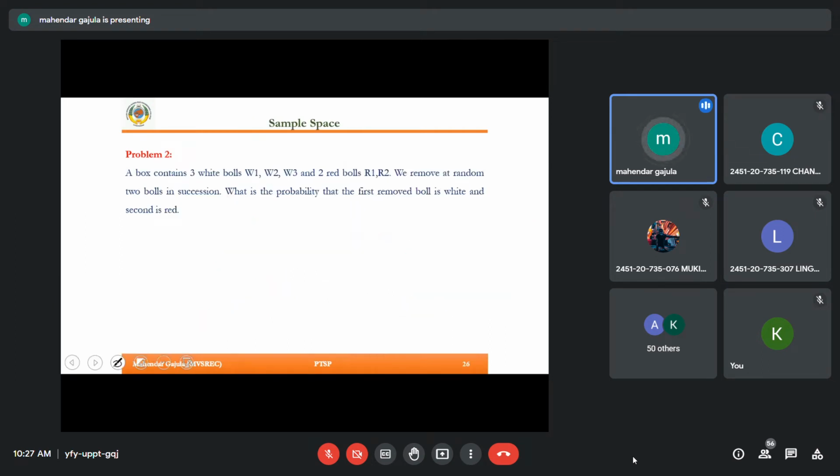Yes. Second problem. A box contains. Can someone read the problem?